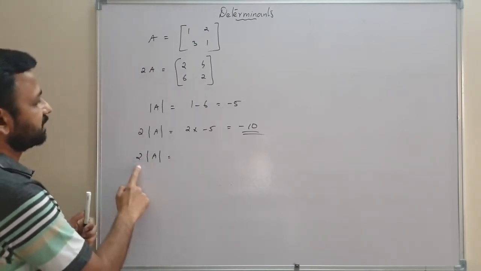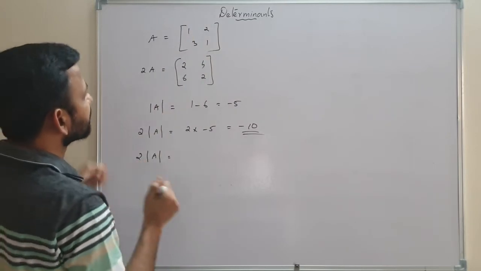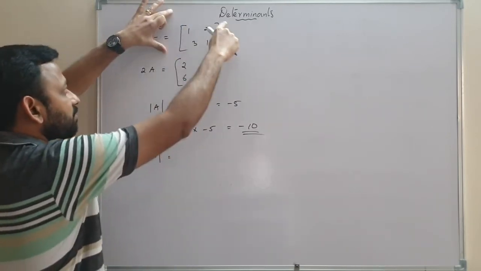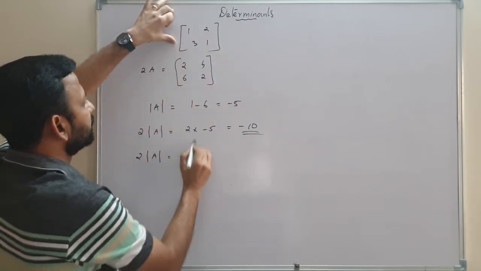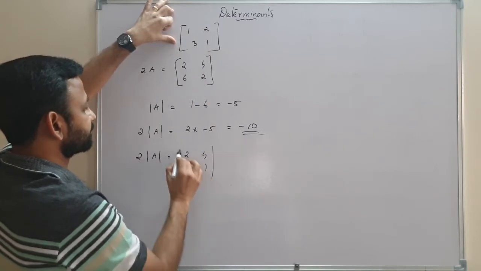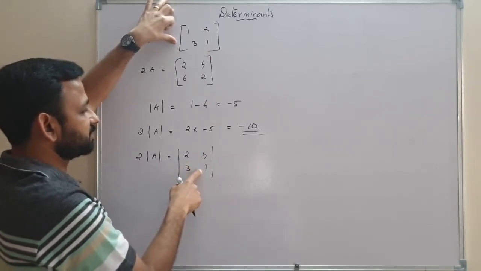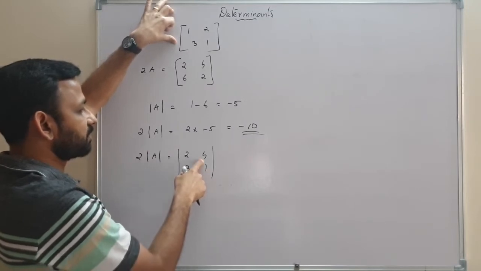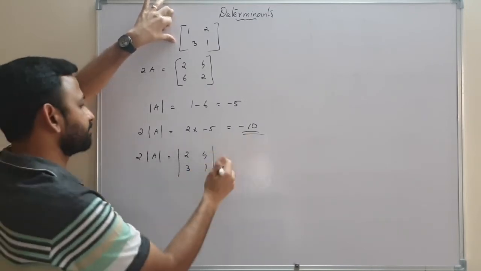See here, we want to multiply this determinant by 2. So we can multiply the first row by 2. 2 into 1, 2, 2 into 2, 4, second row will be same, 3, 1. So the answer is 2 minus 3 into 4, 12, 2 minus 12, minus 10, same.